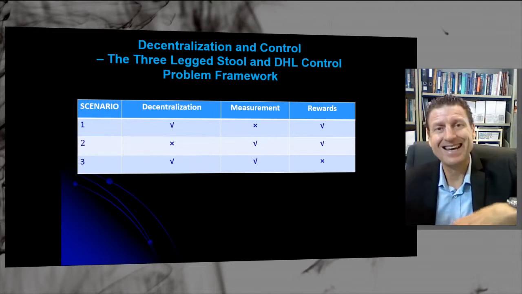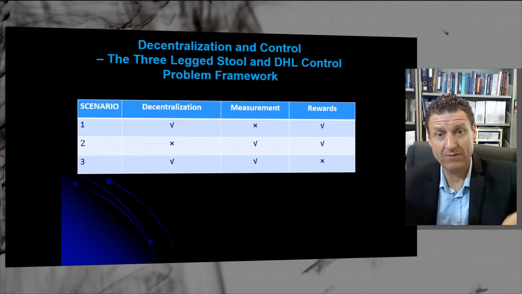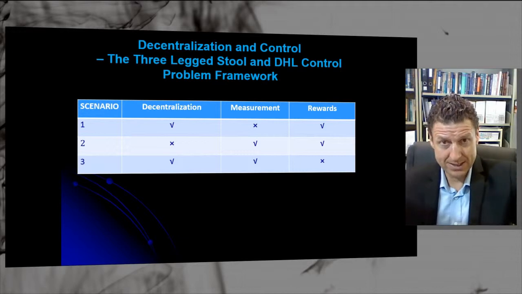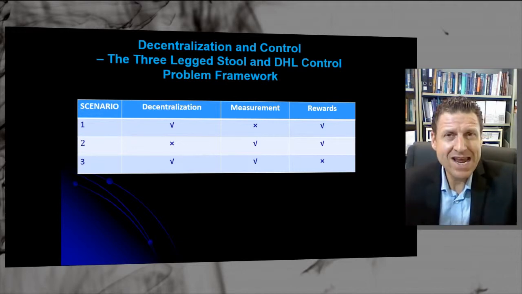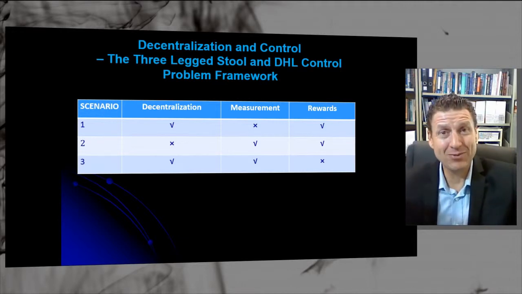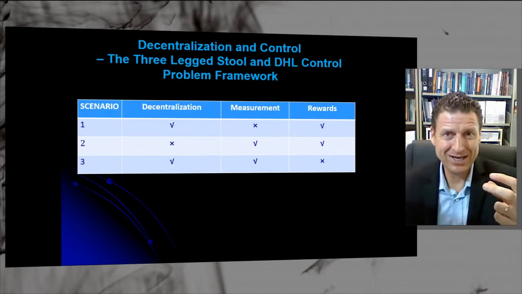You know that. And this is a really important concept for you to take hold of, because once we create the first leg, decentralization, we need to create two more legs, and that is we need to measure and we need to reward. Until we do those two extra legs, we don't have a stool to sit on. That's where we are now.